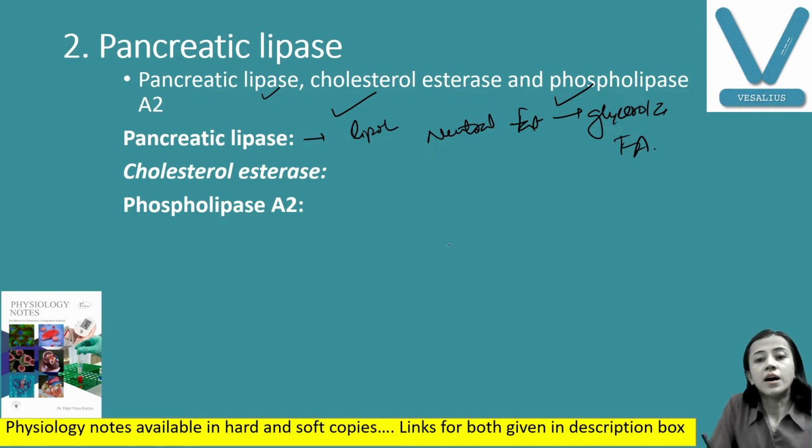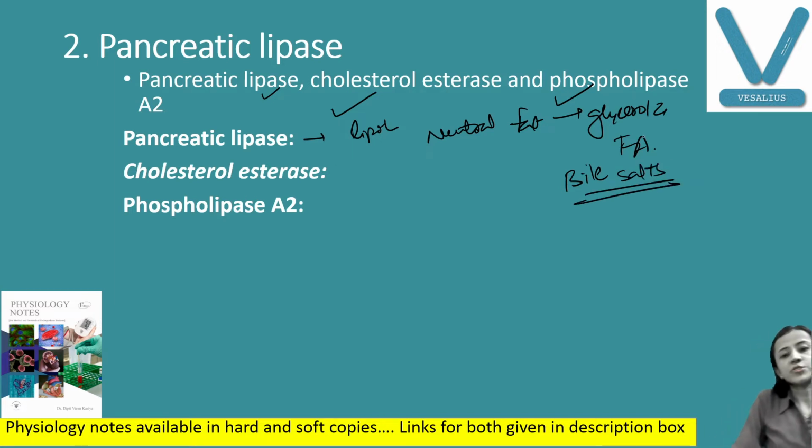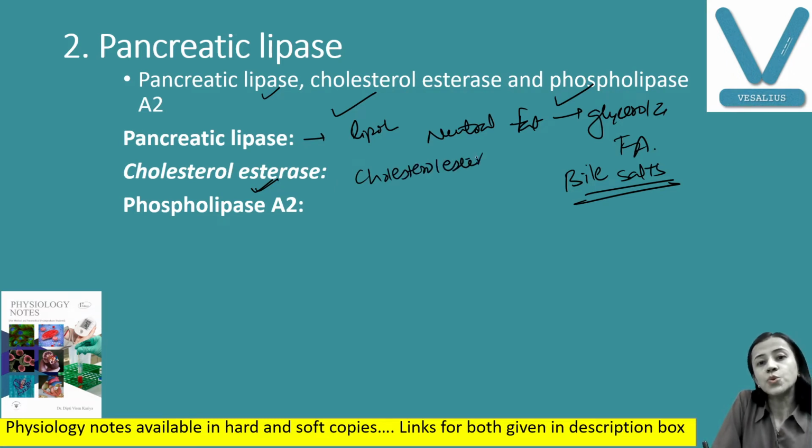Its activity is increased in the presence of bile salts. We will discuss with the bile secretion what bile salts are and what their functions are. Another lipolytic enzyme in the pancreatic juice is cholesterol esterase, which converts cholesterol ester into cholesterol.